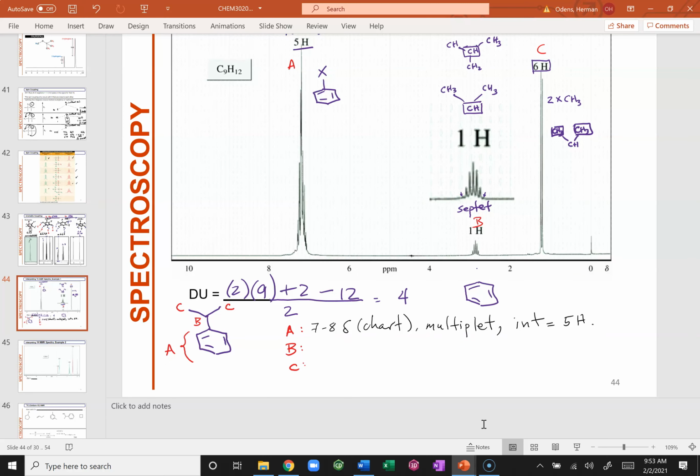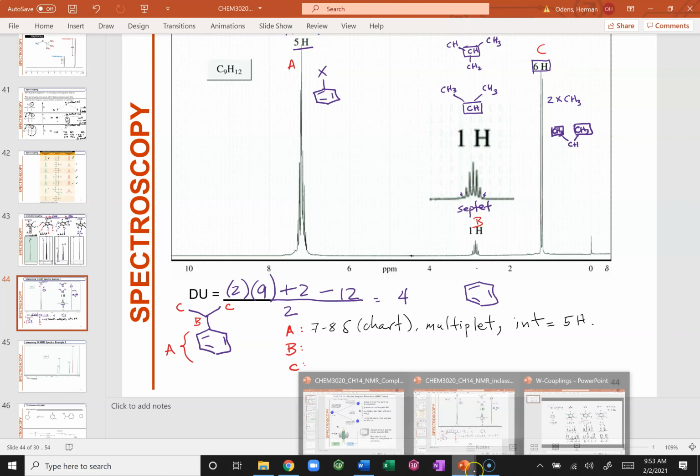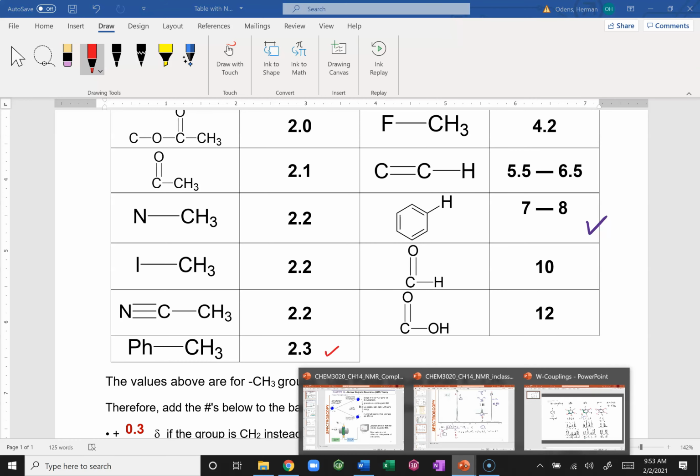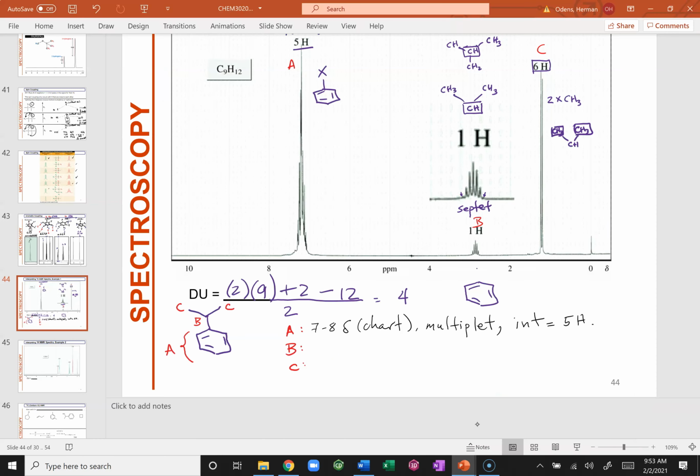B, it starts at what? So we have a CH that is attached to a carbon, but it's also attached to a benzene ring. Which one do I pick? The benzene ring. So the benzene ring starts at what? 2.3 right here. Very good. So we have the signal is a 2.3 plus what? 0.7 because it's a CH.